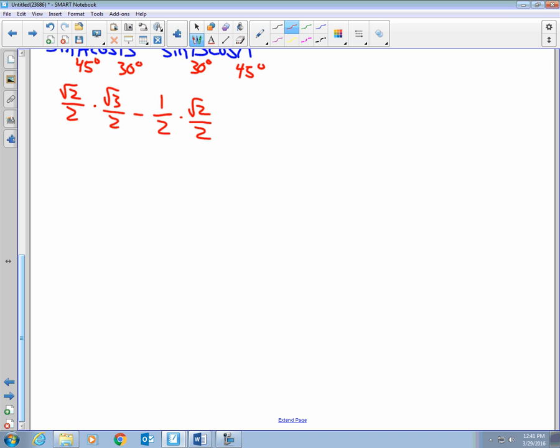Are you allowed to multiply these? Yep, you get square root of over... Sorry, I made that mistake before. Square root of 2 over 4. Hey, they've got common denominators.